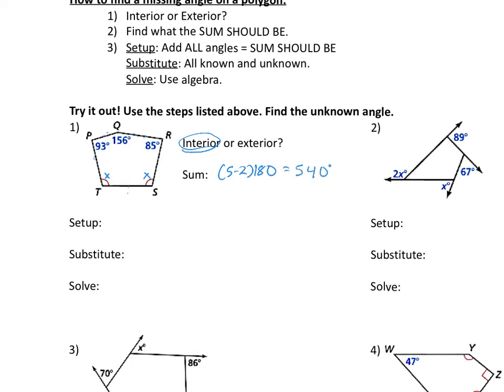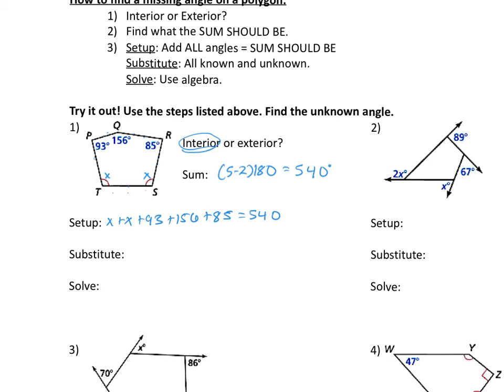So they have to sum to 540. Since these two have the same tick marks, they have to be the same. So I know two of them, right? x plus x plus 93 plus 156 plus 85 must equal 540.